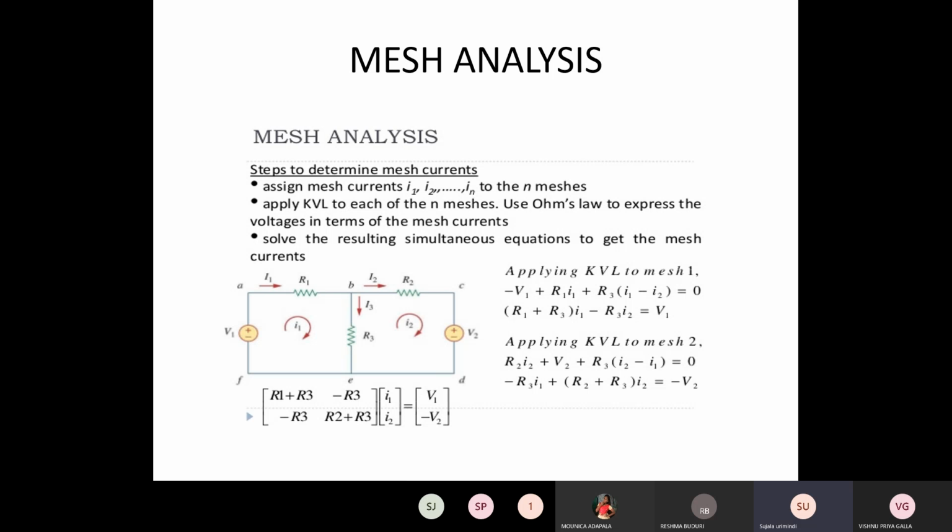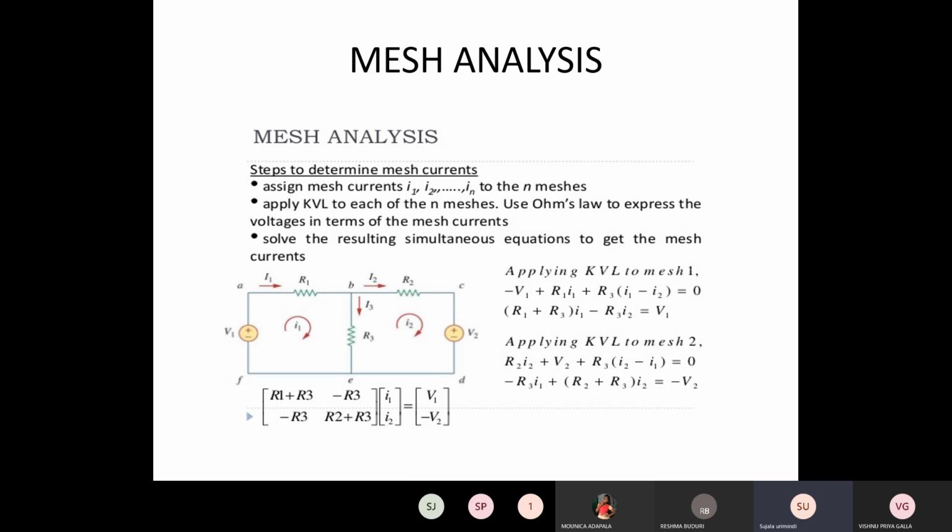Similarly, minus 2 plus I2 into R3, because the I1 and I2 directions are opposite. When you write down the first loop equation, the first current has preference. When you write down the second loop equation, you take the preference of the second current.